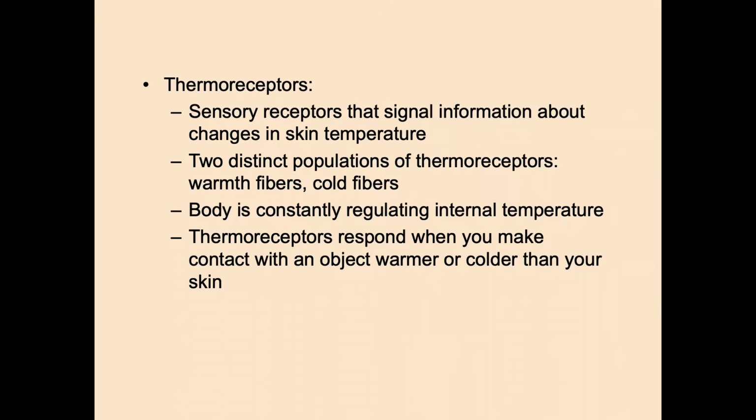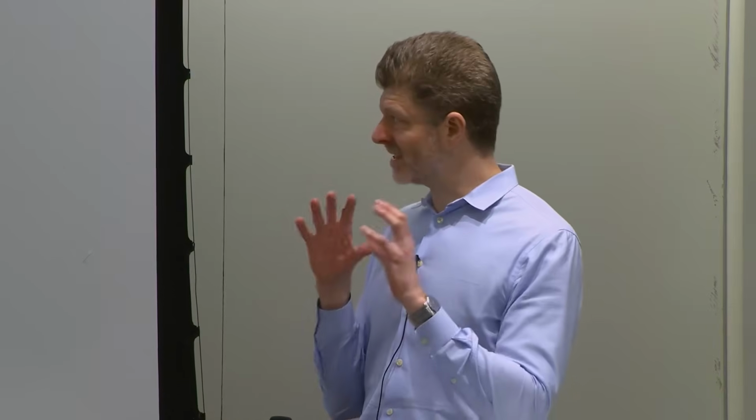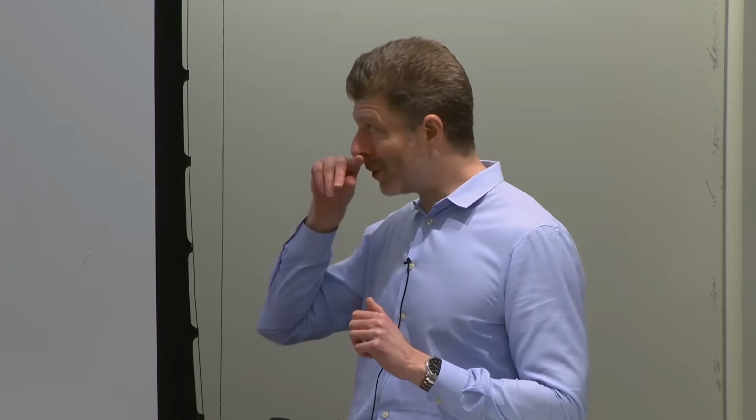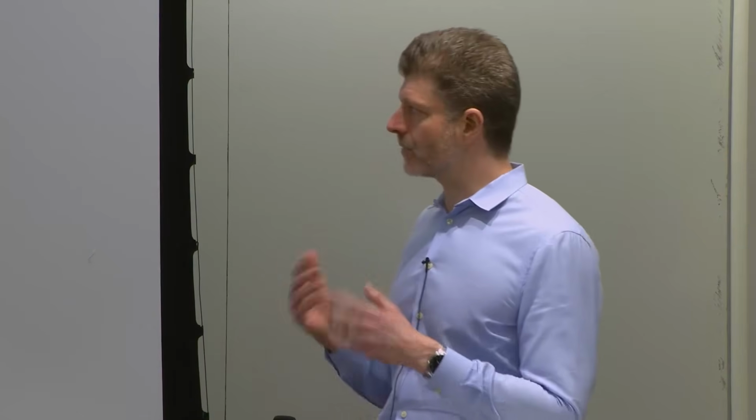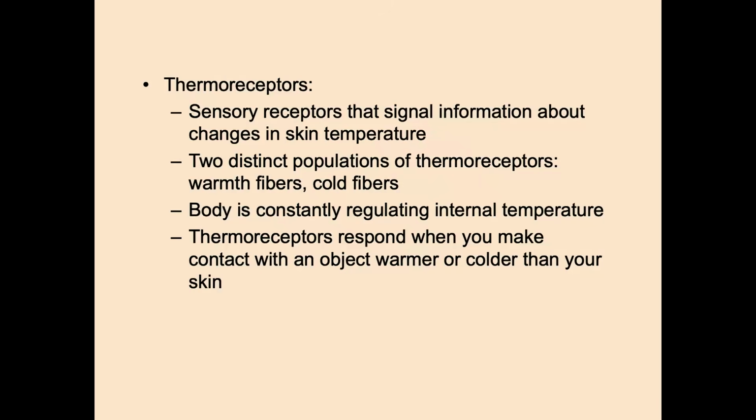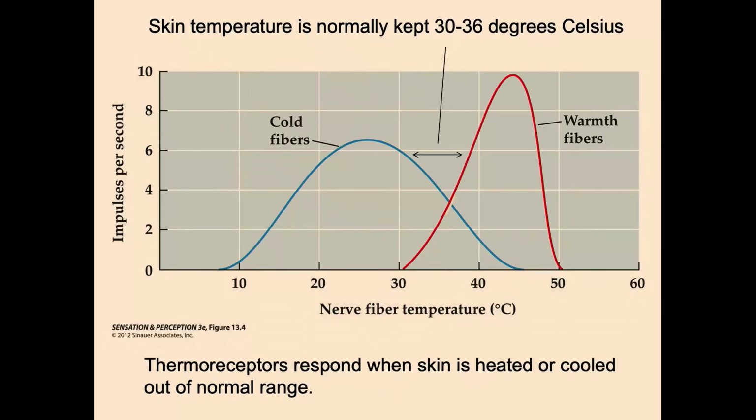There are also thermoreceptors. These are sensory receptors that signal information about changes in skin temperature. There are two main populations of thermoreceptors: those that are sensitive to warmth and those that are sensitive to cold. Your body is constantly regulating its internal temperature, and the thermoreceptors respond when you make contact with an object that is warmer or colder than your skin. This picture shows thermoreceptive fields for the cold fibers and the warmth fibers.